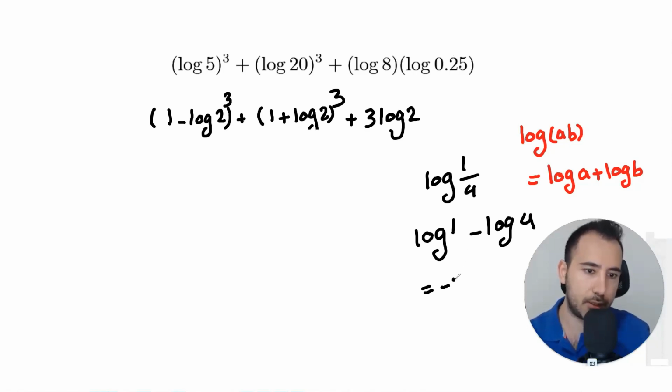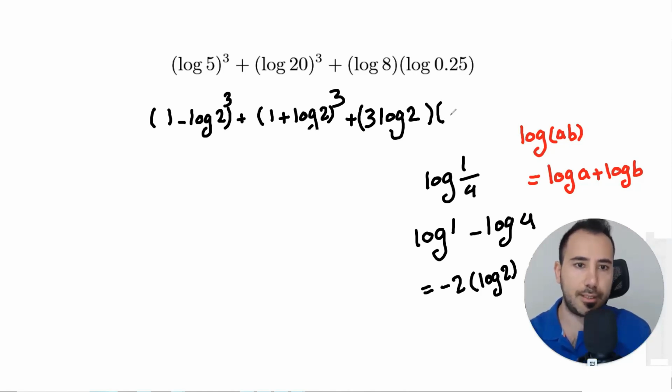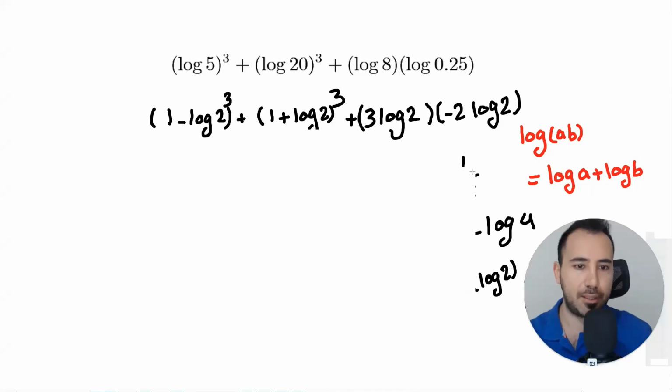So I'm going to write it here, and this will be multiplied by negative 2 log of 2. As you see, we simplified everything, and the only thing that we have here is just the log of 2.